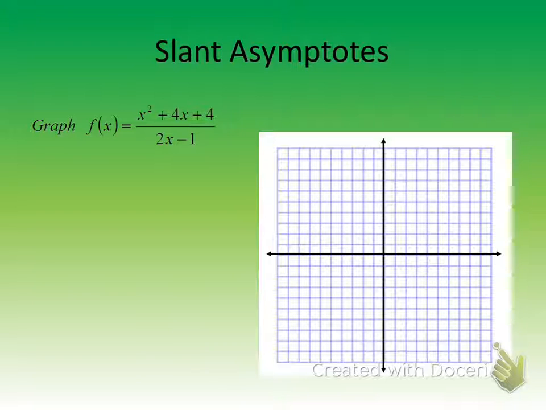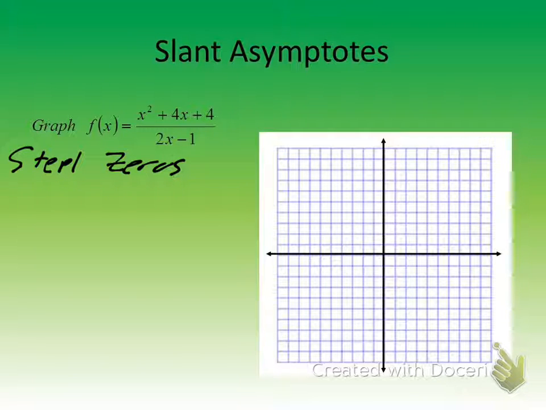So, graph x squared plus 4x plus 4 divided by 2x minus 1. For these problems, do we need to find the zeros? Yes, that's what I'm about to do. Step 1, you still want to find your zeros.